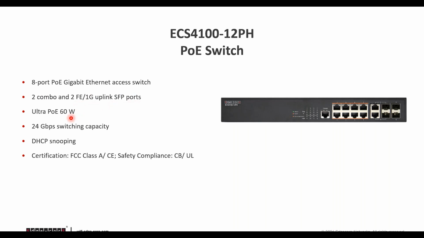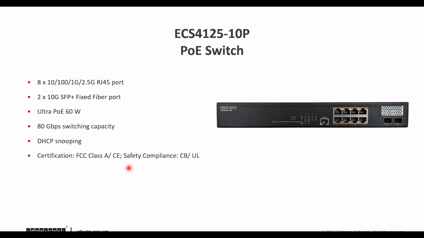The PoE budget is 60 watts. Switching capacity is 24 gigabits per second. It supports DHCP snooping and a lot of enterprise switch features inside. So we also apply the FCC and the safety compliance.